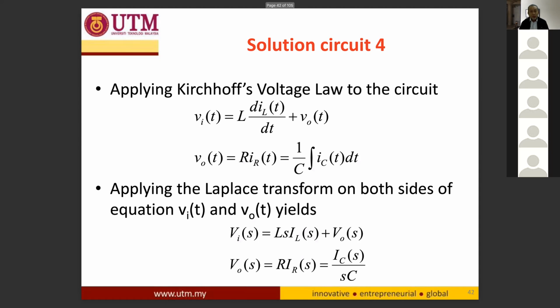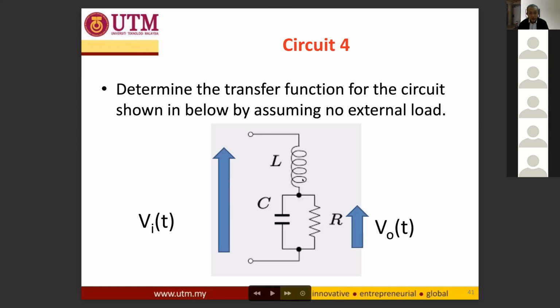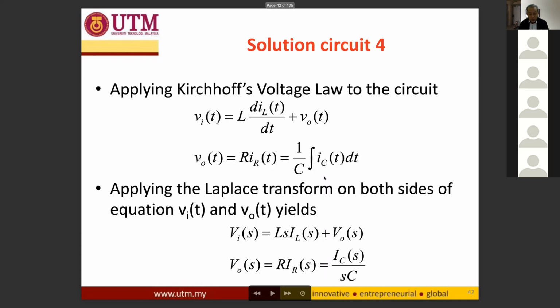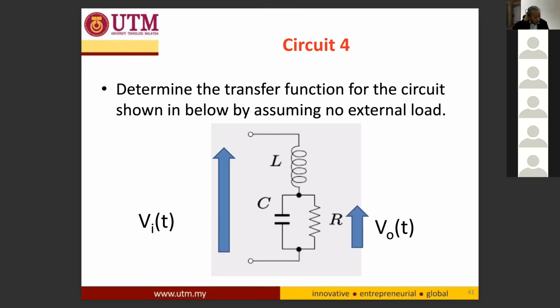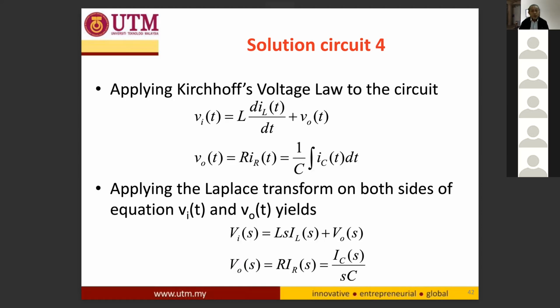By applying Kirchhoff voltage law to the circuit, KVL, Vi is equal to the voltage drop at the inductance and the voltage drop at the resistance in parallel with the capacitance. So Vi is equal to L dIL/dt for the inductance, plus V0.